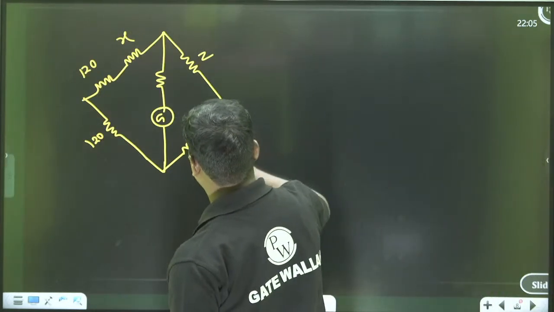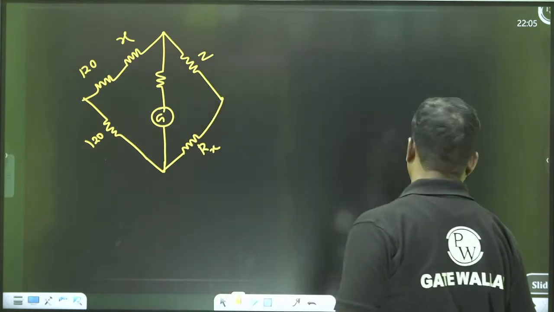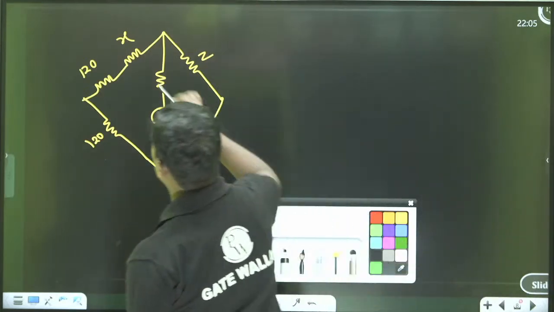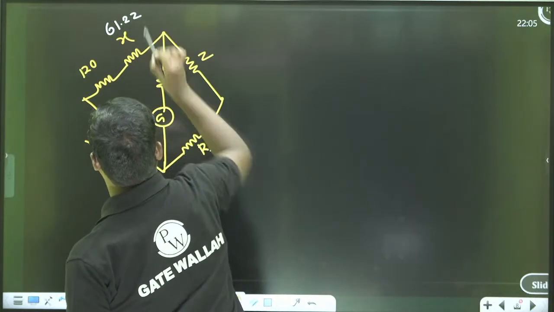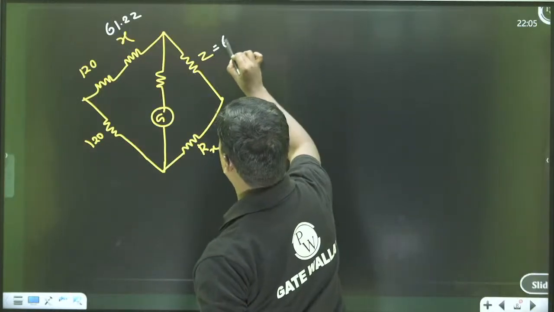Now we can find it out. This is 61.22, this is 61.22 and z is 61.22.